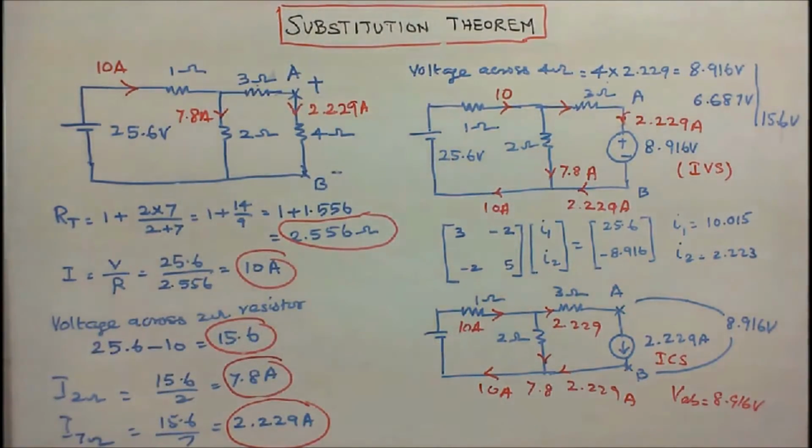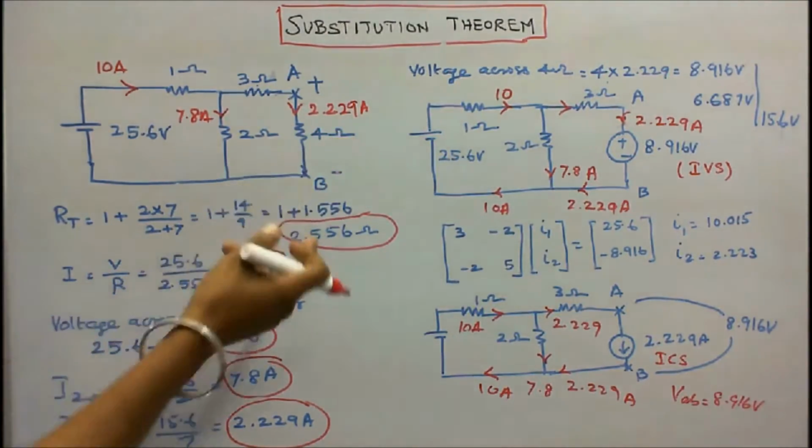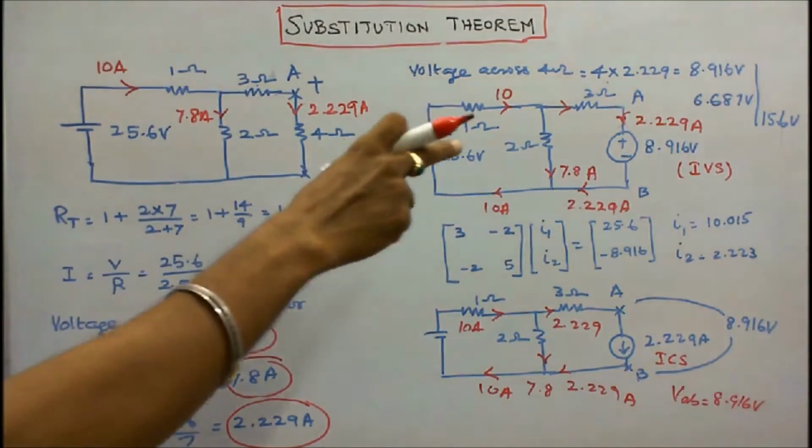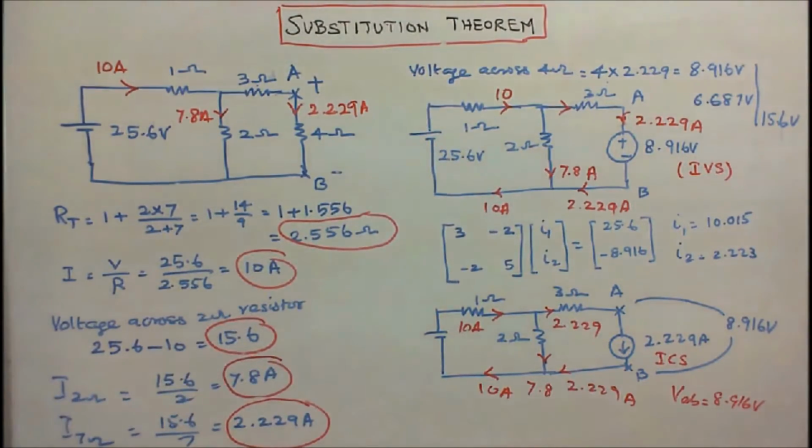The question is, for the network shown, substitute the branch AB with A, a voltage source, and B, a current source. So instead of the 4 ohm, I have to substitute an independent voltage source or an independent current source. The first step is to find the total resistance.